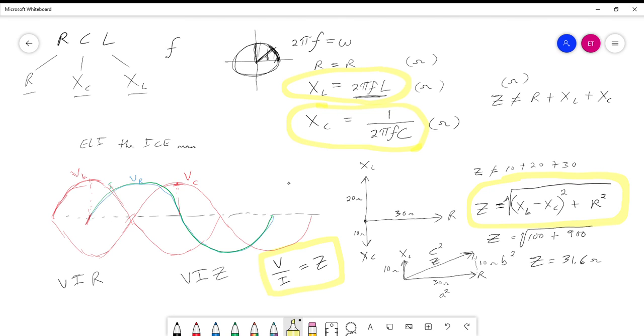In other words, you can calculate the total circuit current if you know the total impedance, but it's also nice to be able to calculate the phase angle between voltage and current. We'll do that in another session, and it's going to be just more trig right off of here. We can get it from right triangle stuff. That's the other piece of the puzzle.